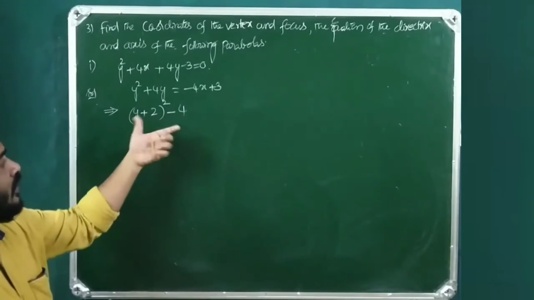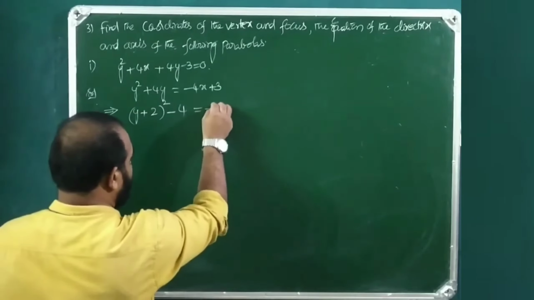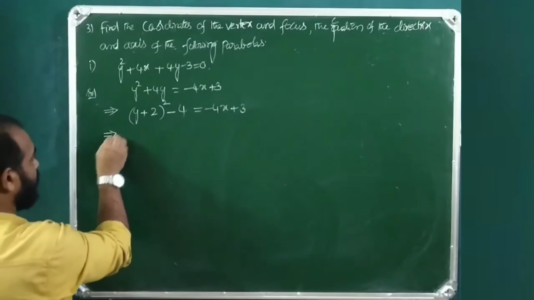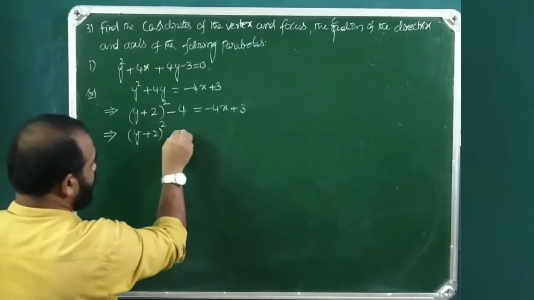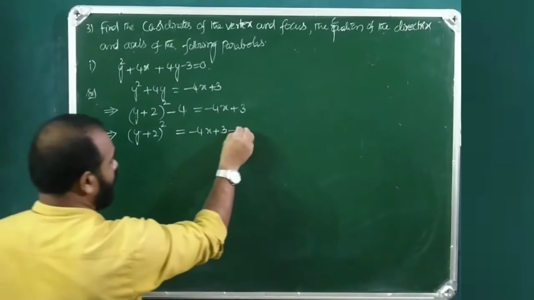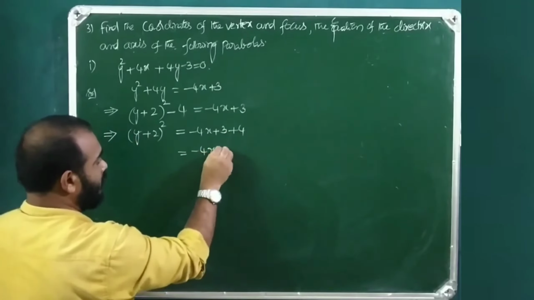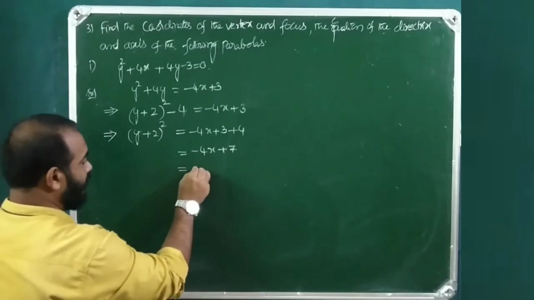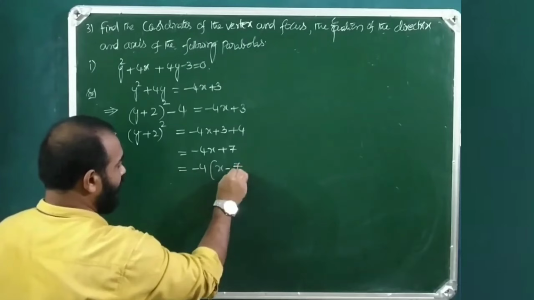So plus 4 minus 4 gets cancelled. We are left with the same thing only. Here equals minus 4x plus 3. This is equal to y plus 2 whole square equals minus 4x plus 3 plus 4. This is equal to minus 4x, 3 plus 4 is 7. So this is equal to, take minus 4 as common, then x minus 7 by 4.